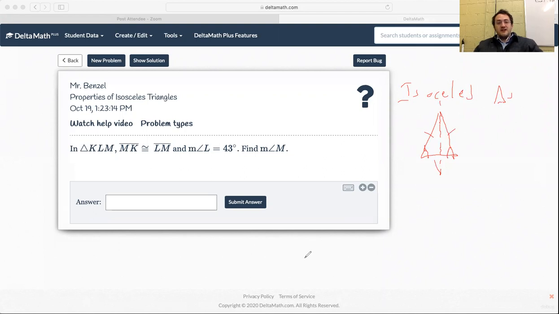So I'm going to draw an isosceles triangle called KLM. It says that MK and LM are congruent to each other. So here's M, and then I'm going to draw something about the same distance.